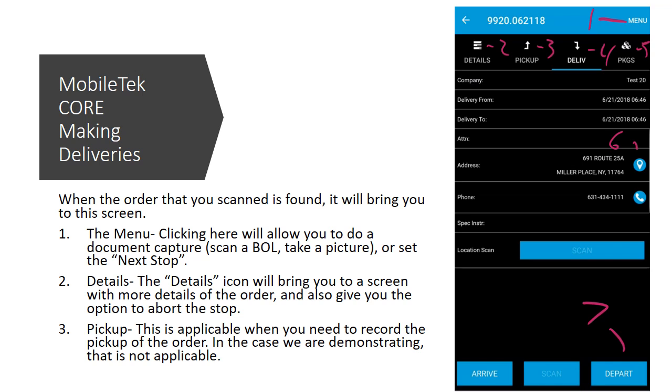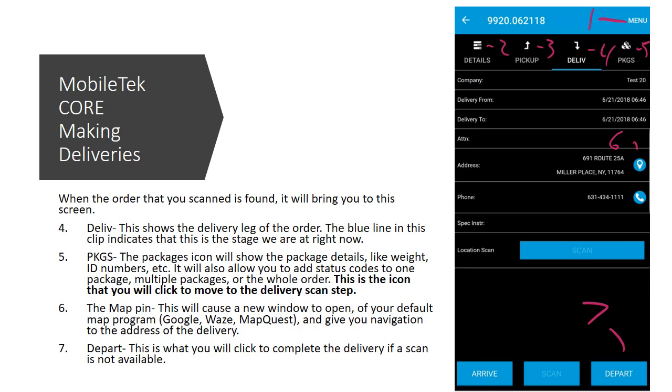These tend to be same-day or messenger type deliveries. Deliv is the delivery leg of the order. The blue line under this indicates that this is the stage that you are currently at. Using the procedures outlined in this instructional document, you will be at this stage already.